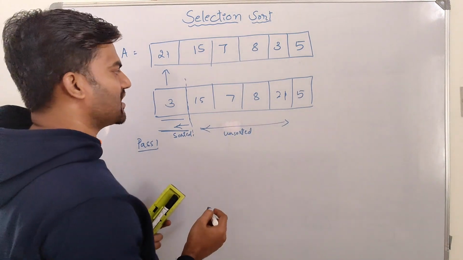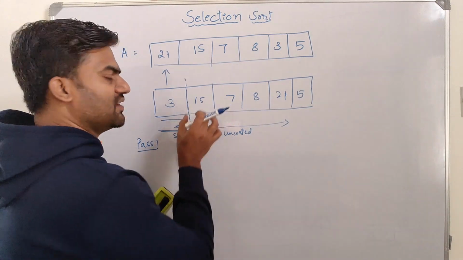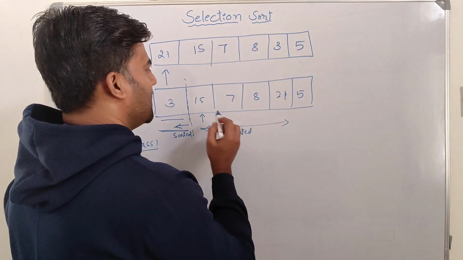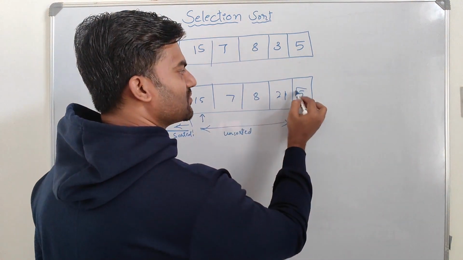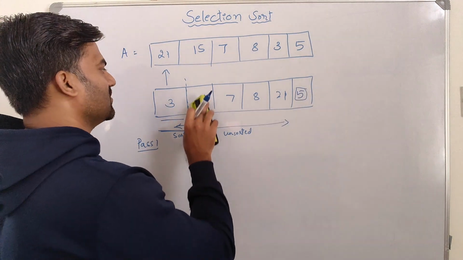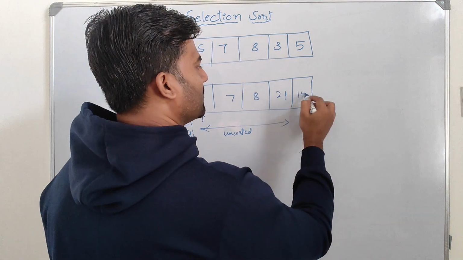After the first pass, I give this input to the second pass. In the second pass, I again keep the pointer here because this is the place where I want to sort my next element, and I keep scanning. Which one is smaller? This is smaller, so I will swap it here. I'll keep 5 there and 15 here.